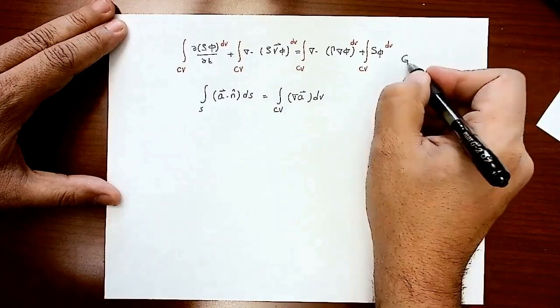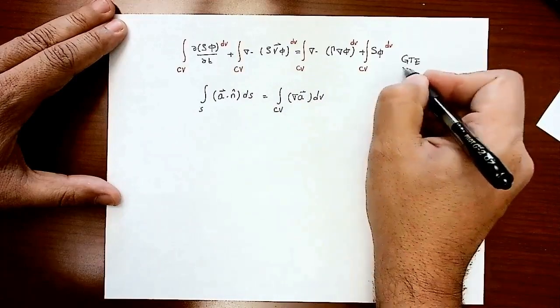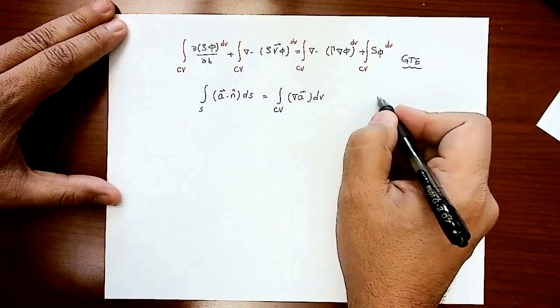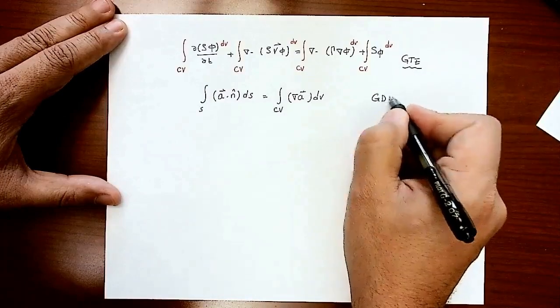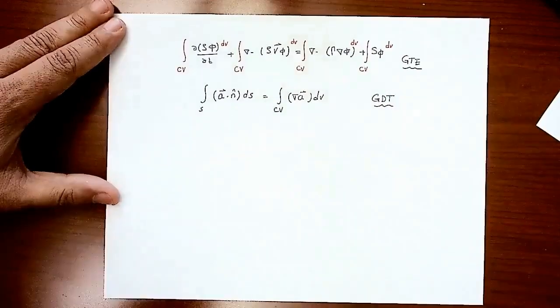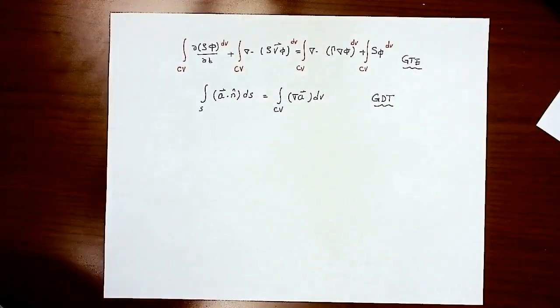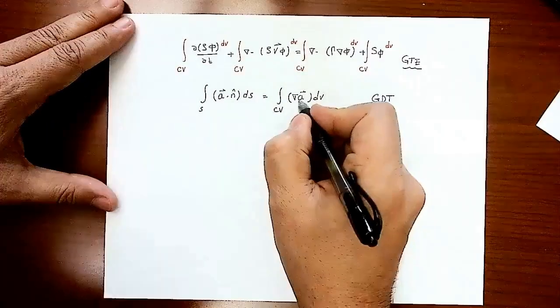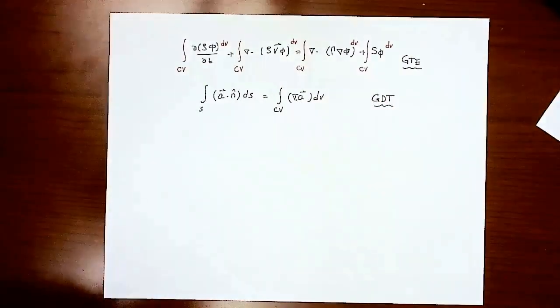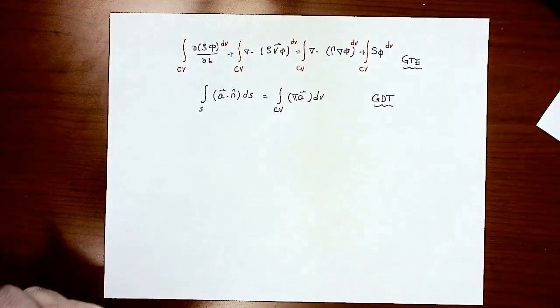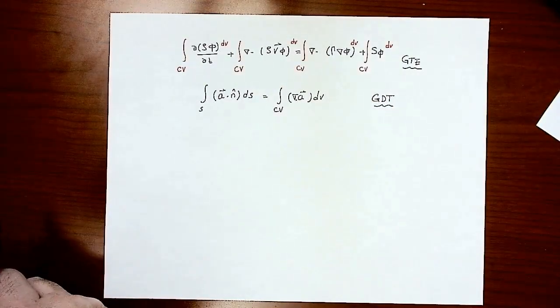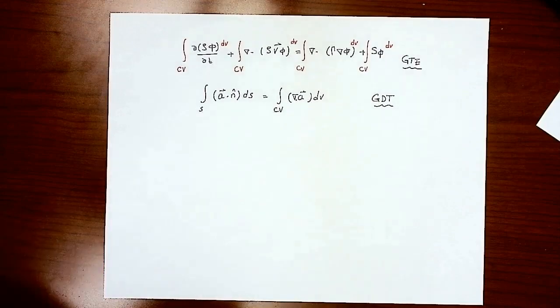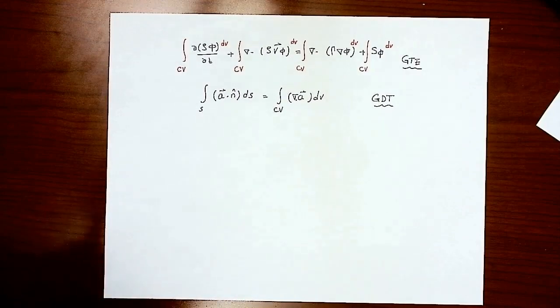So this is the general transport equation, now we are integrating it, and this is the Gauss divergence theorem equation. Remember, this is simply nabla dot A; it should be nabla dot A to give you a scalar at the end.